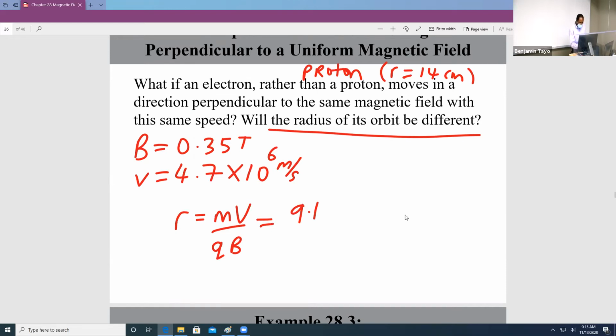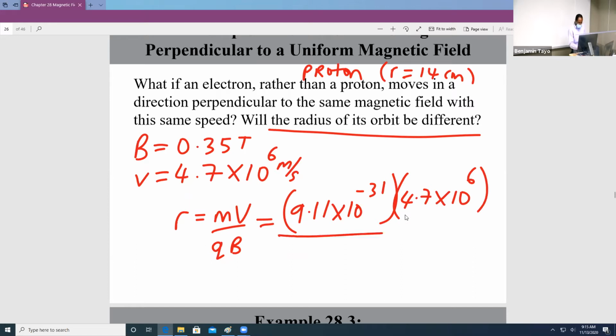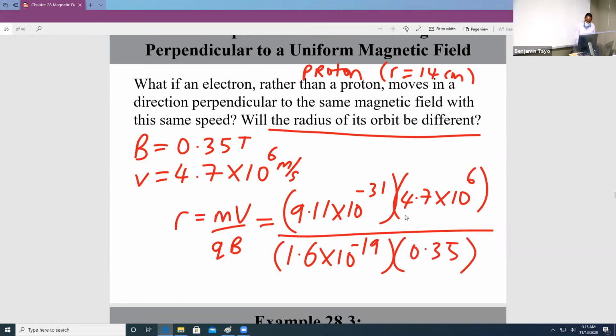So you want to substitute 9.11 times 10 to the negative 31. Then you multiply that by the velocity, which is 4.7 times 10 to the power 6. So the charge is the same, 1.6 times 10 to the negative 19. Then you multiply that by 0.35. So you can calculate this. So let's call this the radius of the electron, and then this will be the radius of the proton.